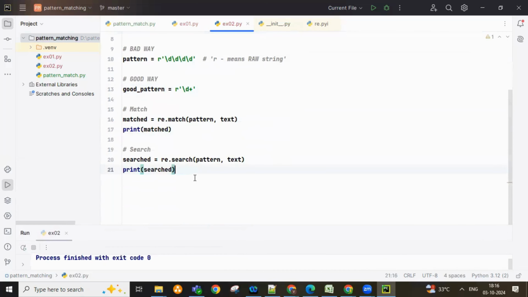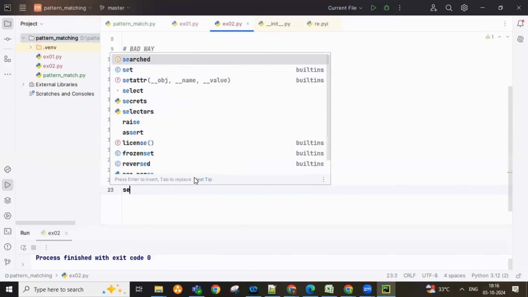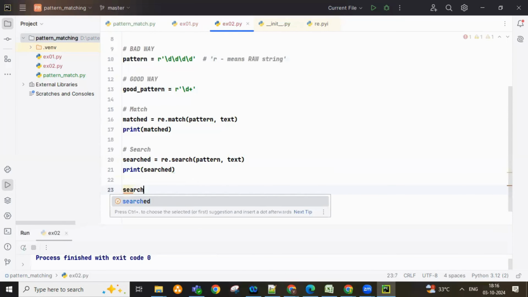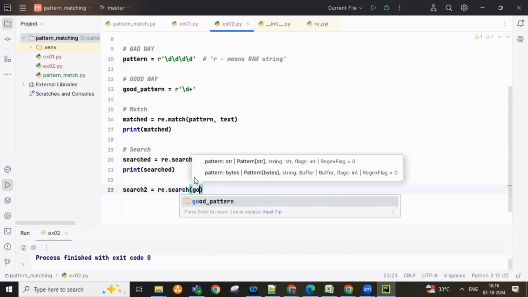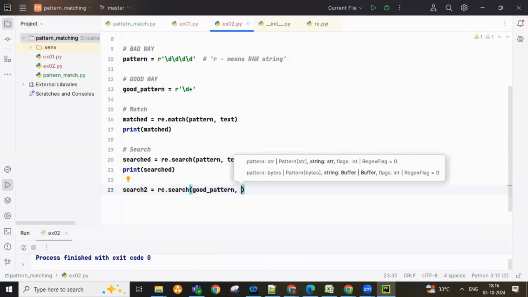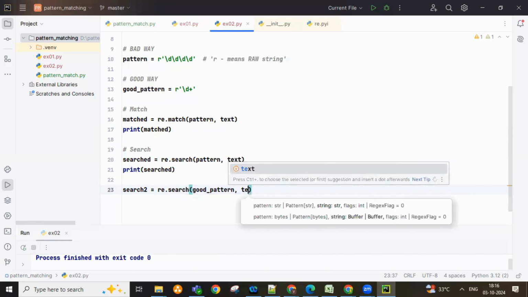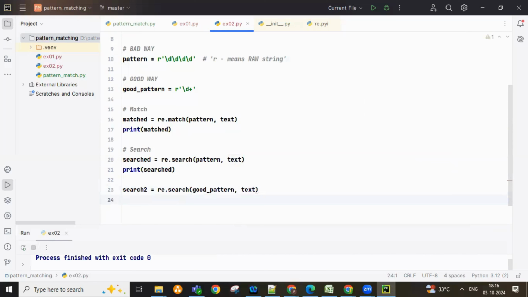If I use the same example to search, for example, say array dot search, this time I'll be using good pattern, comma, text. Makes sense? And here, print search two. Got it?